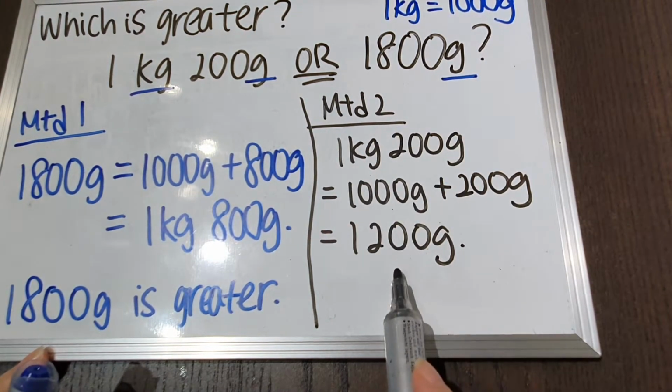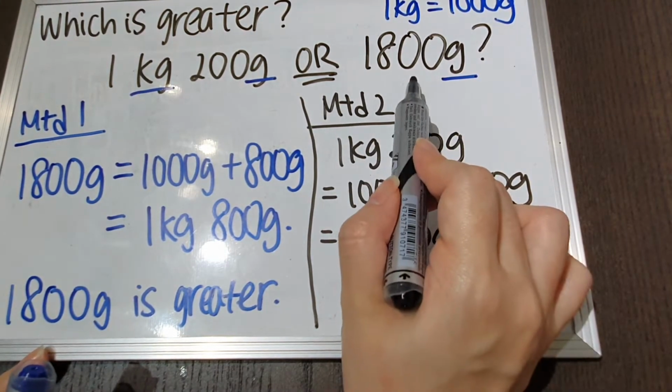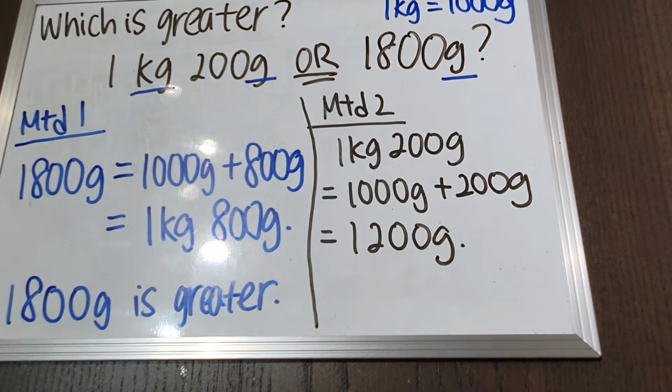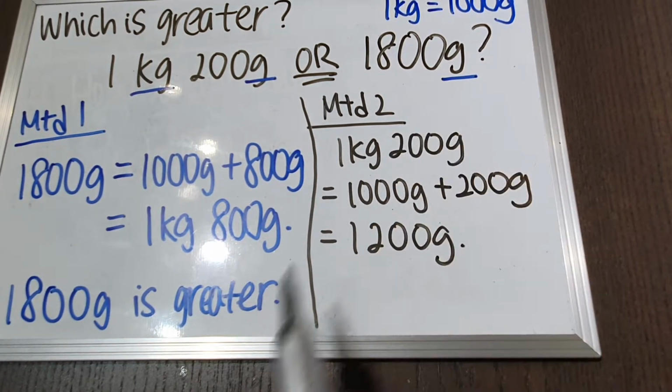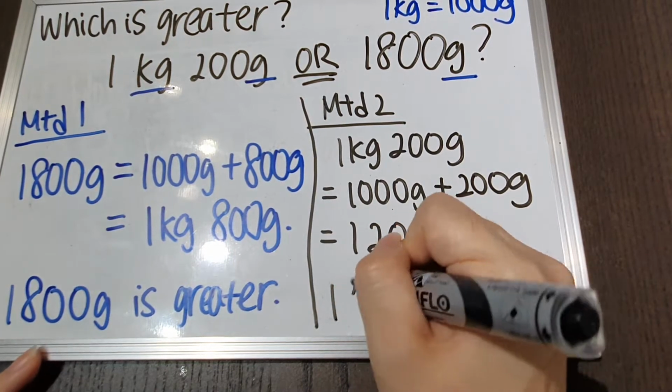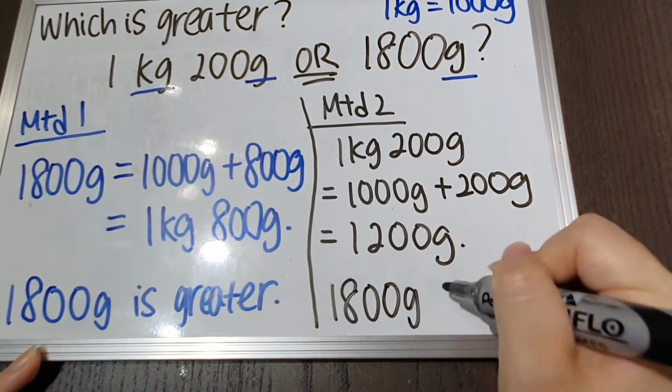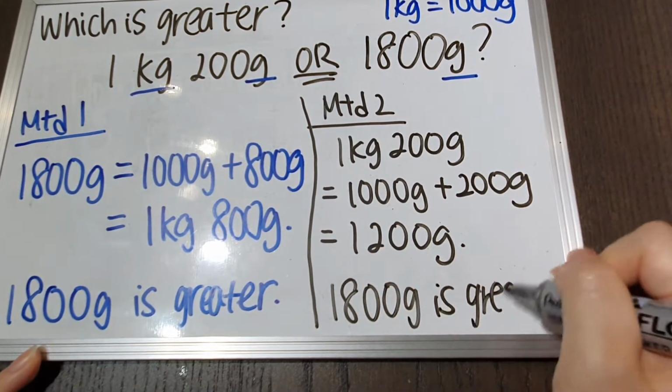So 1200 gram compared to 1800 gram, which is greater? Yes, 1800 gram is greater. So you will still get back the same answer. 1800 gram is greater.